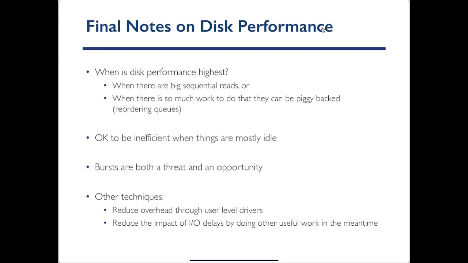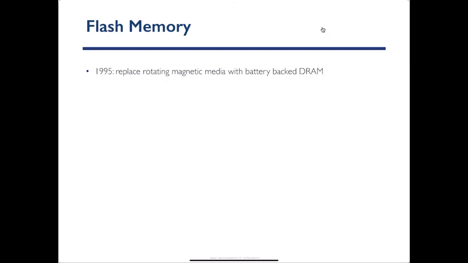Yeah, okay, so not much left to discuss. Now, next, we're going to talk about flash memory. So the NAND: in 1999, flash memory replaced these rotating magnetic disks, and we just replaced them with a battery-backed DRAM, right? We just got a DRAM.